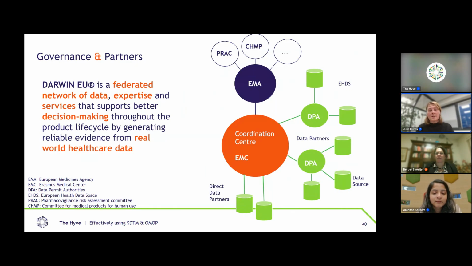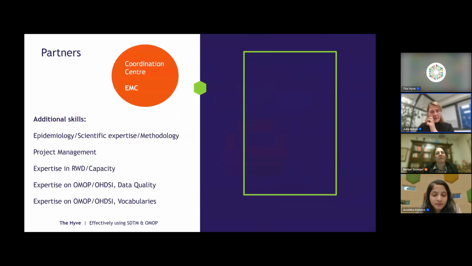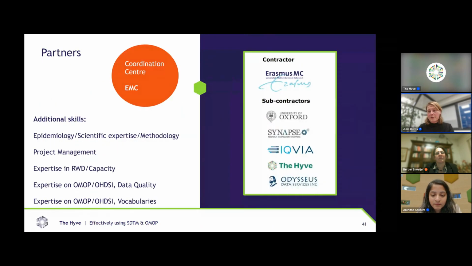Also here, quite a number of them are already based on the Eden network that we saw before. These are the partners: Erasmus MC, as I said, and a couple of subcontractors for different skills. For example, project management and epidemiology knowledge and expertise, but also data quality and vocabularies in the context of OMOP and OHDSI.